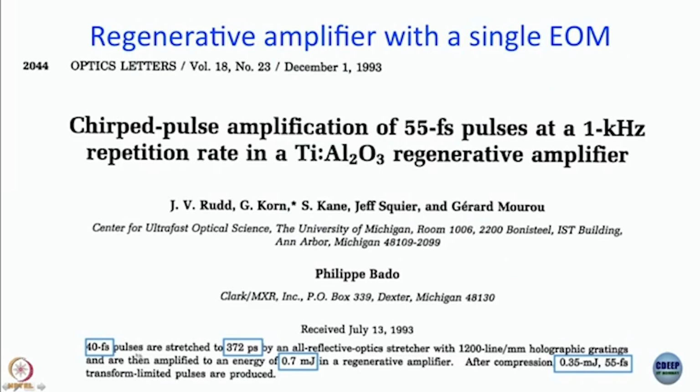And if you look at the full width half max of the seed and that of the output, 40 femtosecond pulses were put in as seed and you get 55 femtosecond pulses. So, not only have you lost a little energy per pulse after compression, in the entire process you have not been able to get back to the pulse width that was there in the seed.